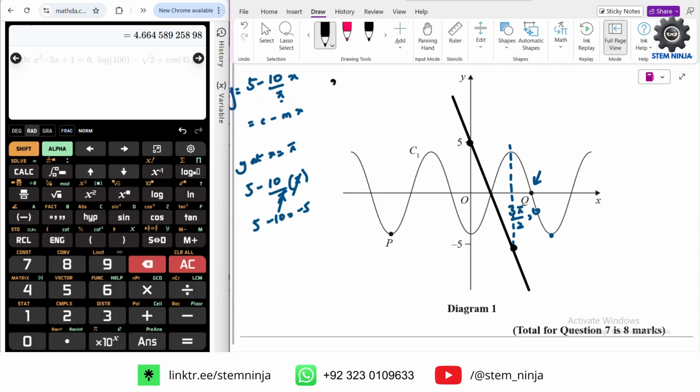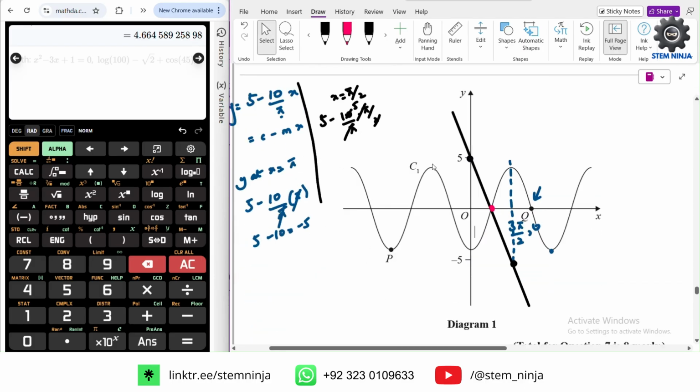So if you take x as pi over 2, you will have 5 minus 10 over pi over 2. So pi gets cancelled, and 5 and 5 would also get cancelled. So we are actually very good. So only one solution.